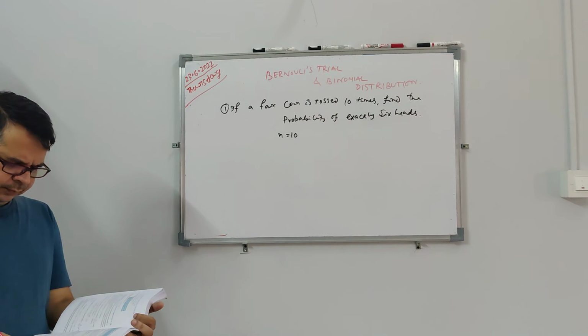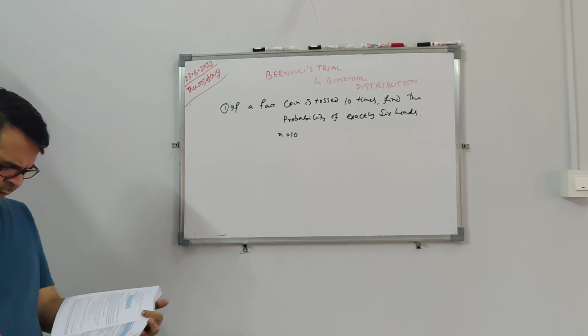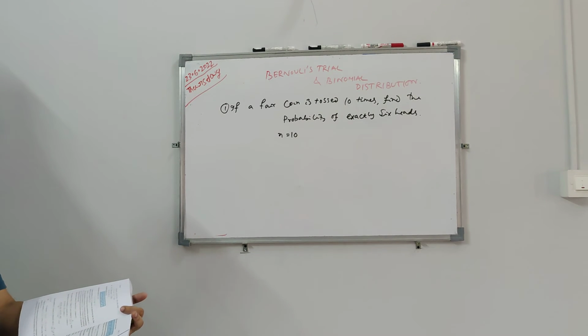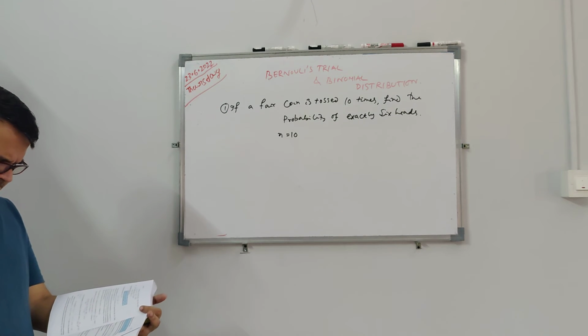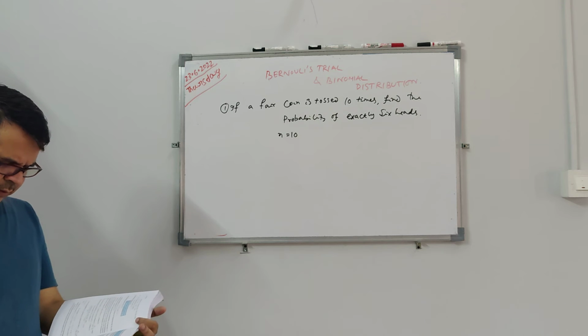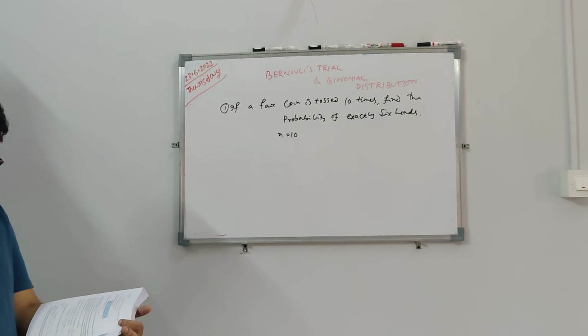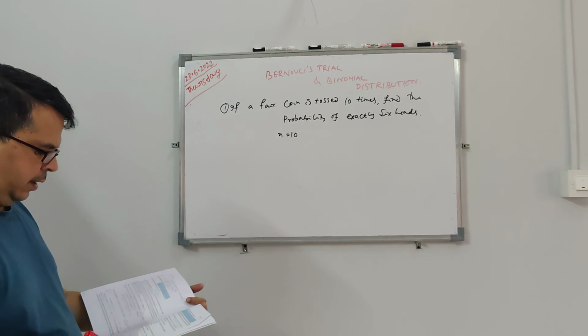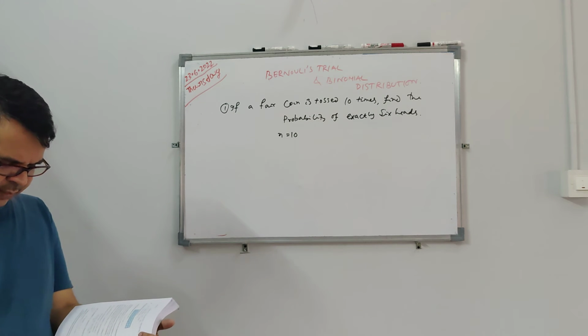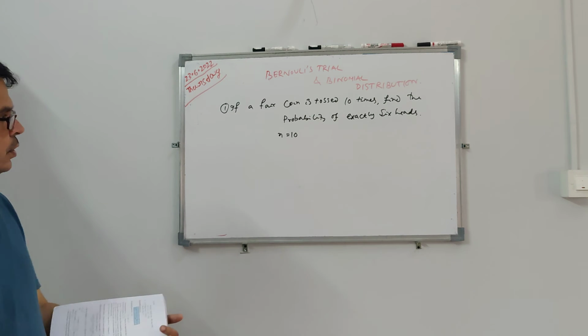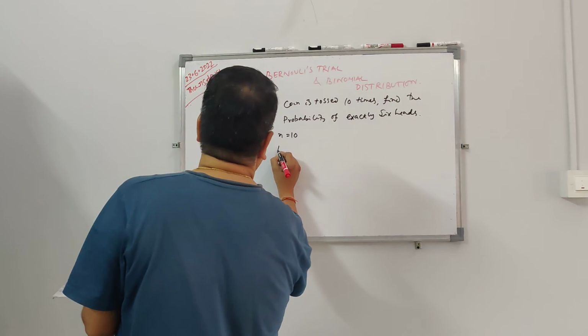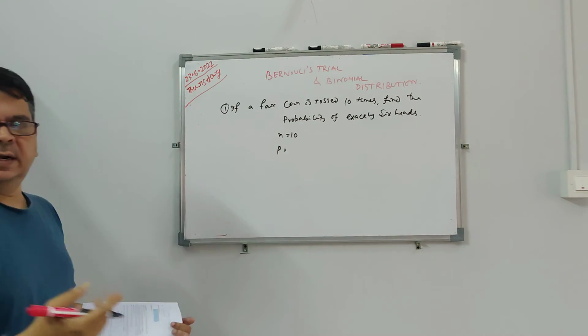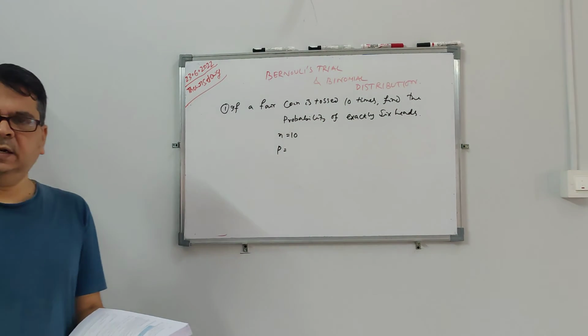Having exactly 6 heads, okay. So what is the probability here? It is like either you can get head or you can get tail.